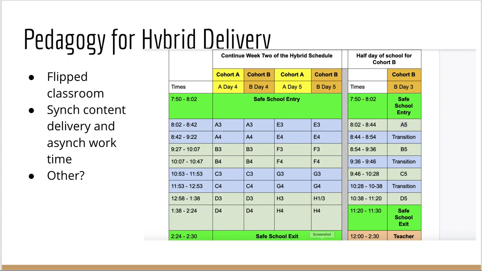They could watch that at home, and then on the day they're in class, they're working in groups or just working individually and having the teacher monitor and check everyone. So there's, I think, a lot of advantages to that. But you would have to tape all your lectures, content, etc., for your asynchronous students. So that's one of the disadvantages of that.